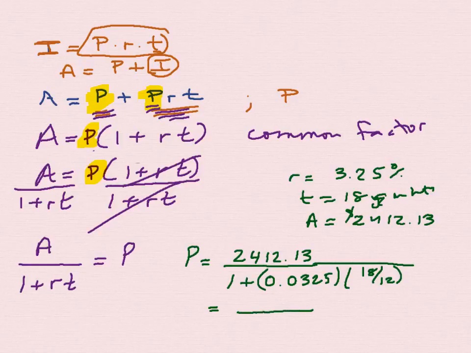Check your booklet, it's all done out for you there, and divide that into 2,412.13. Worked out to be 1.048. And the long and the short of it was the principal investment was $2,300 to give you an amount of $2,412 at the end of a year and a half, 18 months.